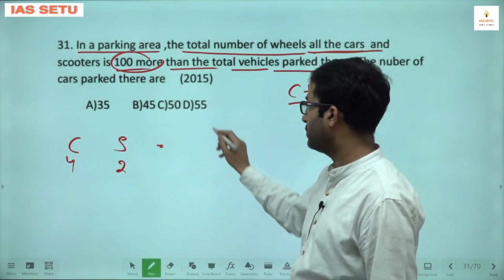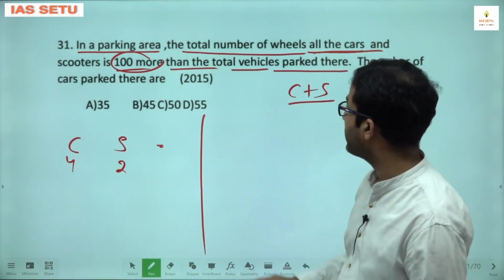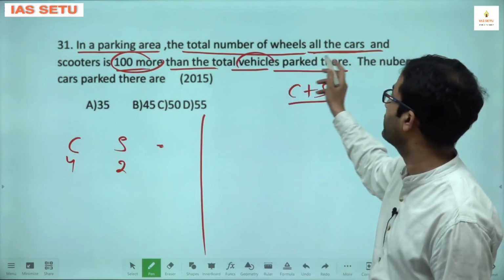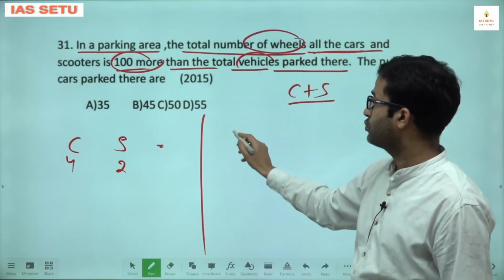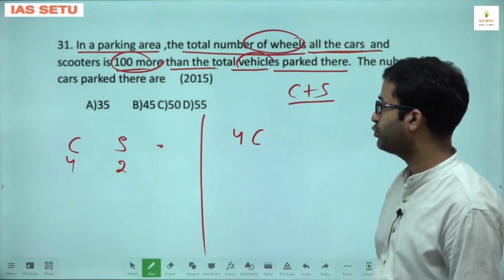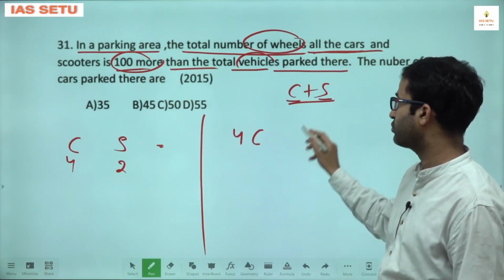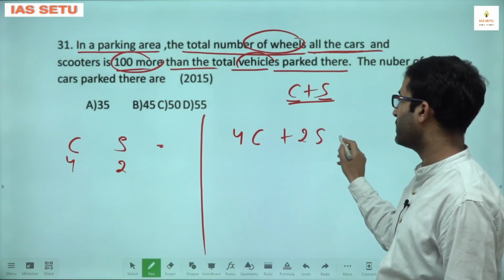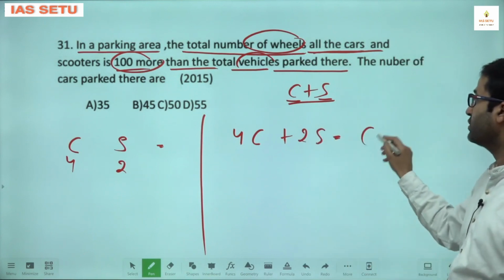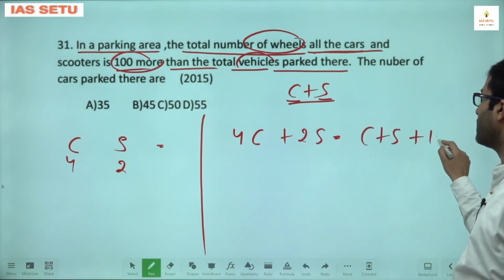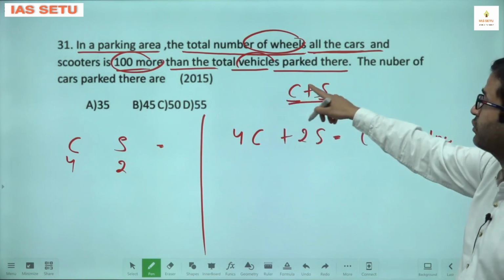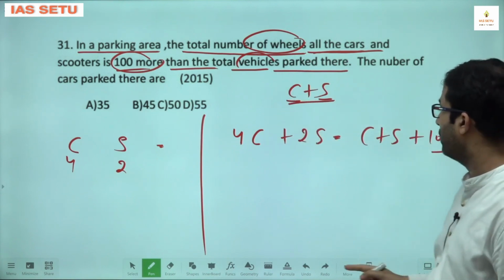So we make an equation in case of number of wheels. So 4 into C, number of car I take C, number of scooter I take S, 2S will be equal to C plus S plus 100, because it is given 100 more than the total vehicle parked there.